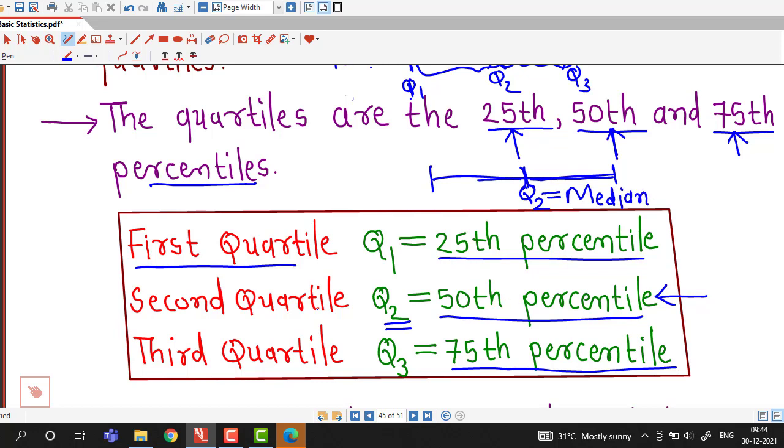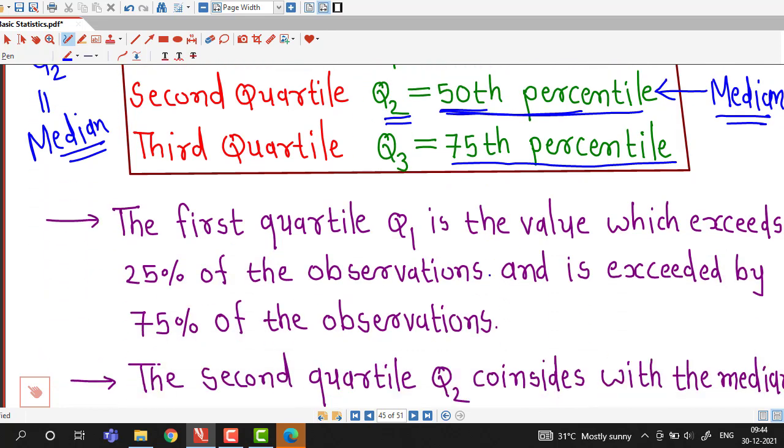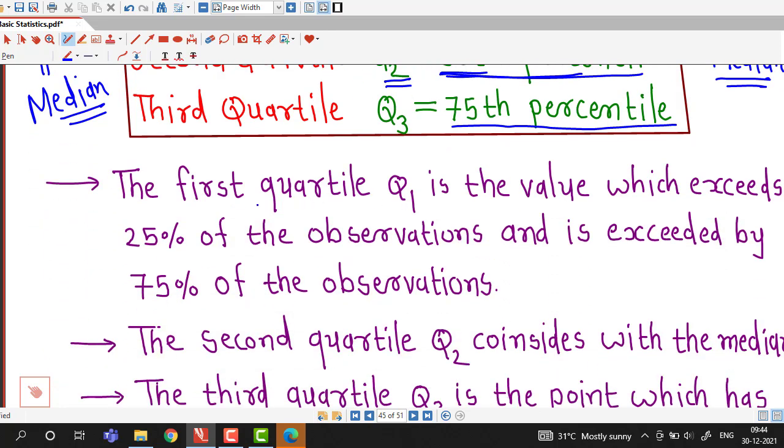So the second quartile Q2 will be equal to the value of the median, or the median is the second quartile which is the 50th percentile. We will keep in mind that the second quartile Q2 coincides with the median and it is given by the 50th percentile.